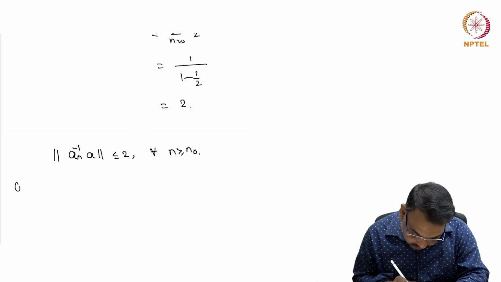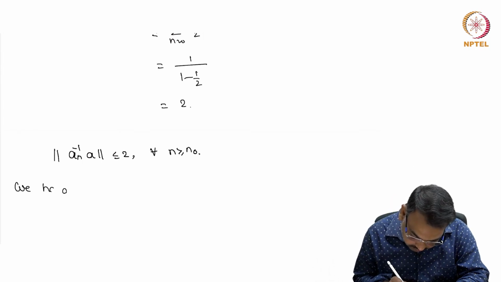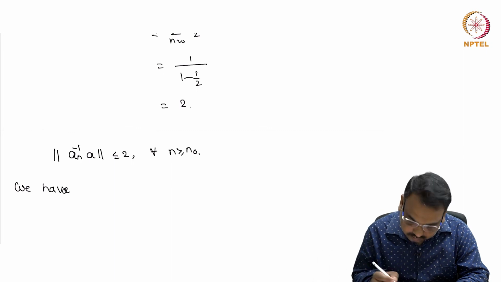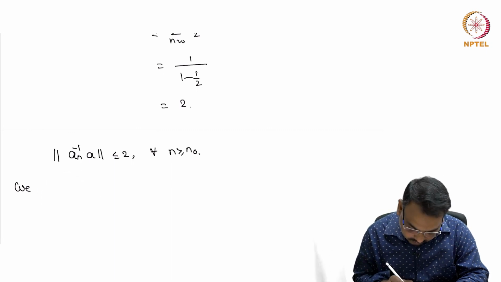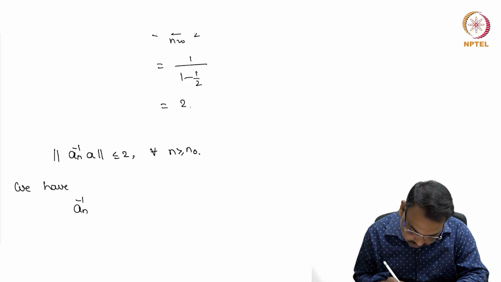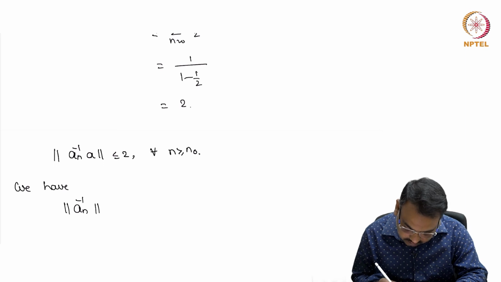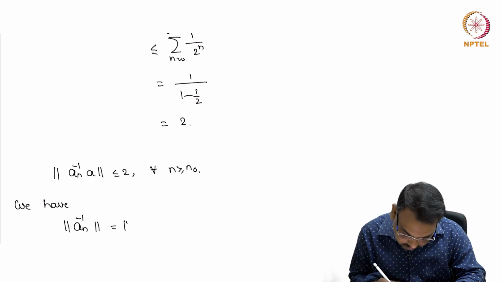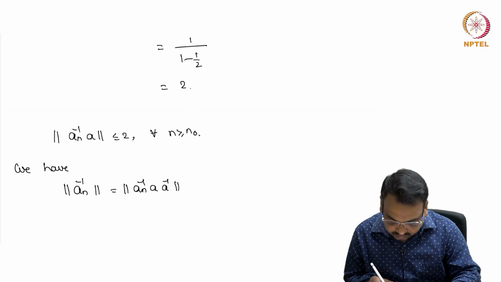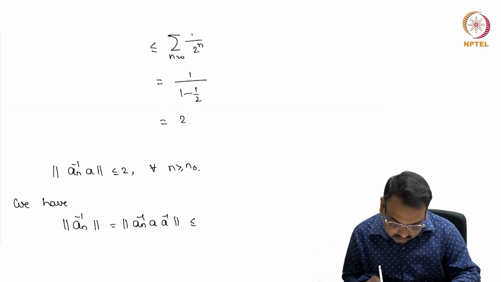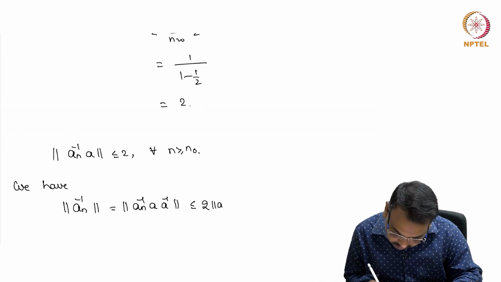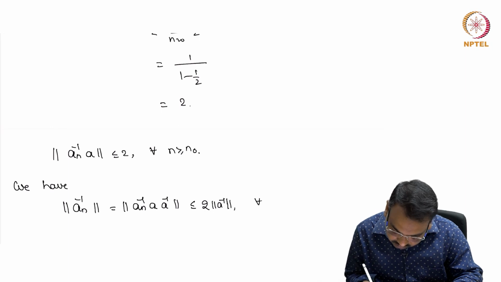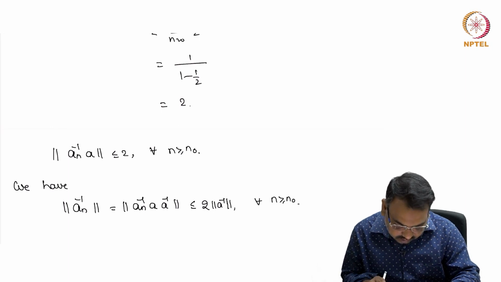So we want to look at norm A_n inverse, then write this as norm of A_n inverse A multiplied by A inverse, but we know that this is less than or equal to 2 times norm A inverse for all n bigger than or equal to n naught.